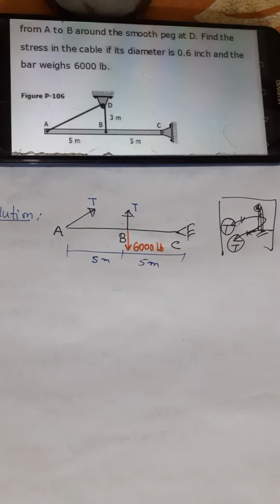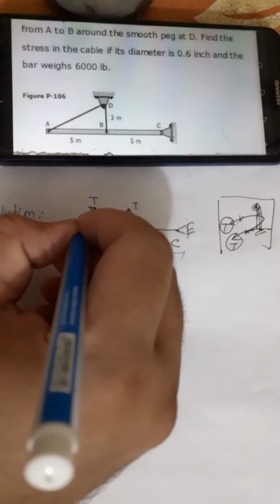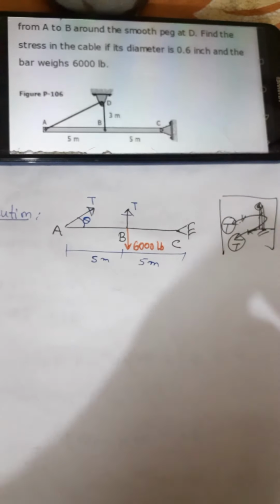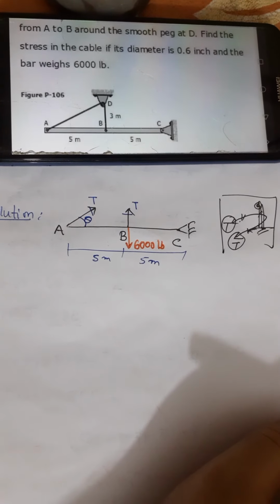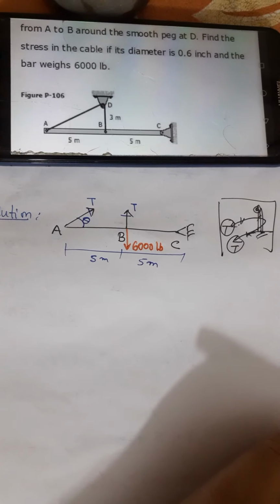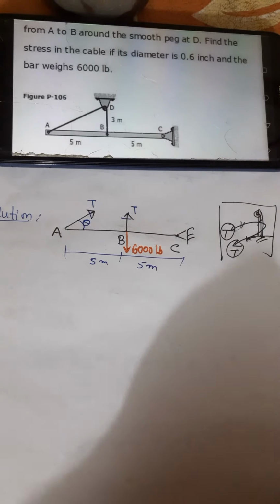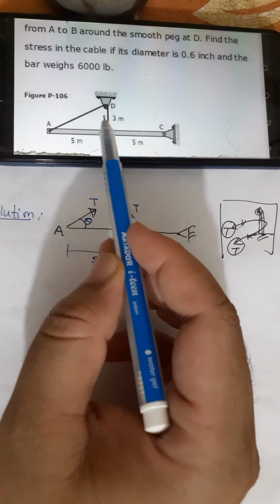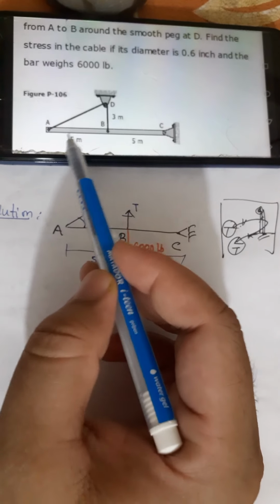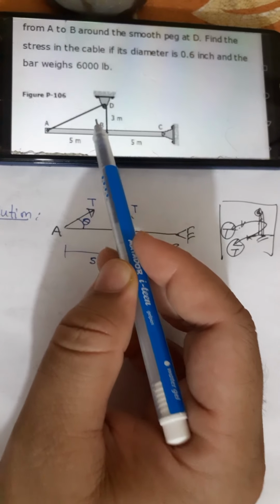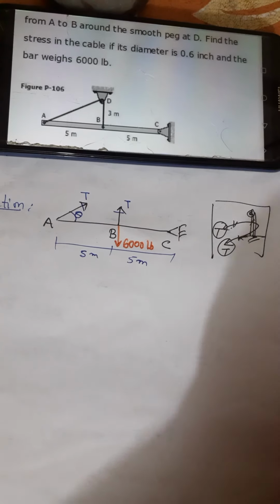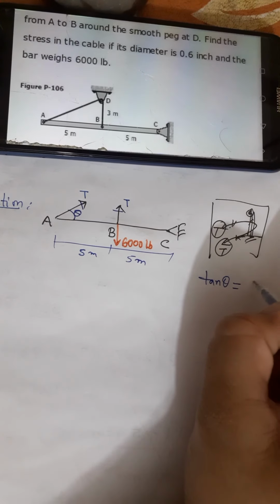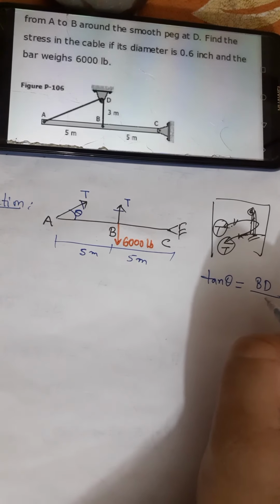Another thing, we need the angle at A at which the cable acts, and if we are to find this angle, from this figure we know that tan theta equals perpendicular by base. So we can write tan theta equals BD by AB.